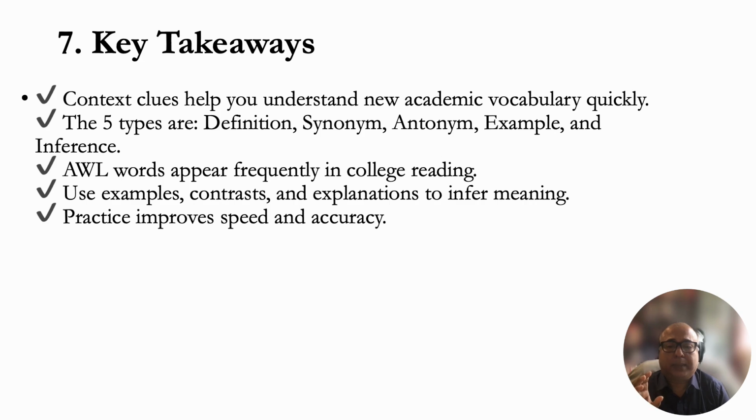They're called academic word list, and they appear frequently in college reading. And if you're in college or even in high school, you read a lot, right? Your professor gives you articles and essays, stories to read. We also learned how to use examples, contrasts, and explanation to infer meaning. And we practiced in speed and accuracy.